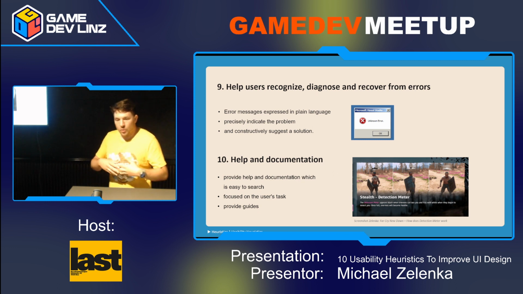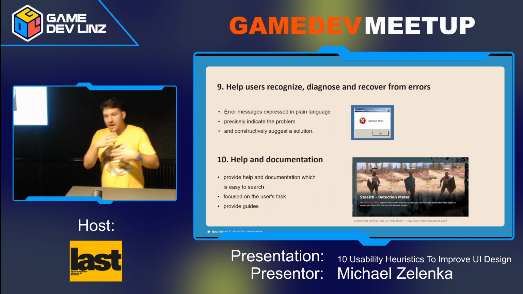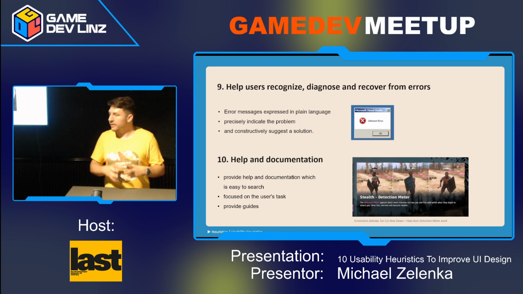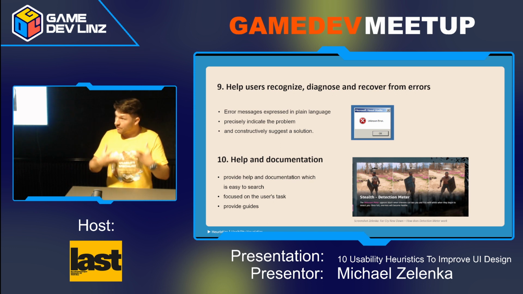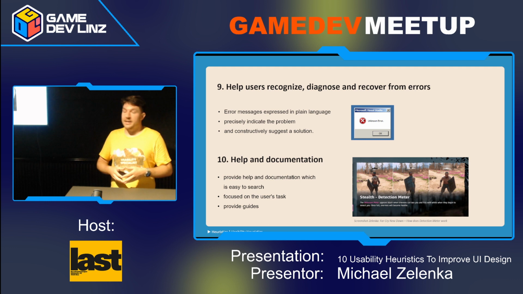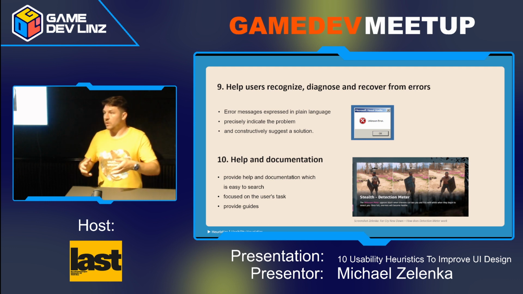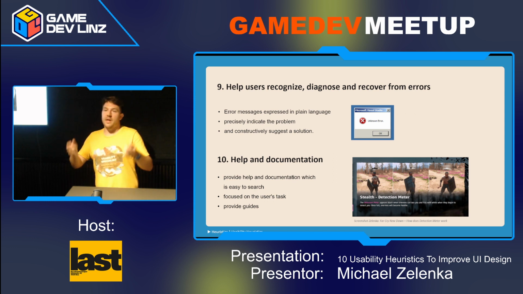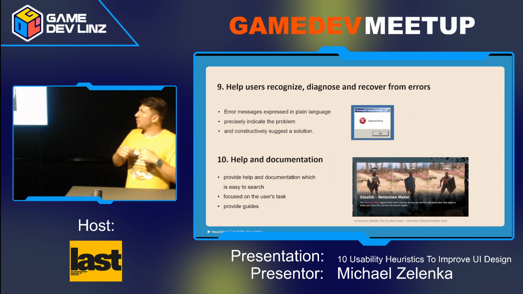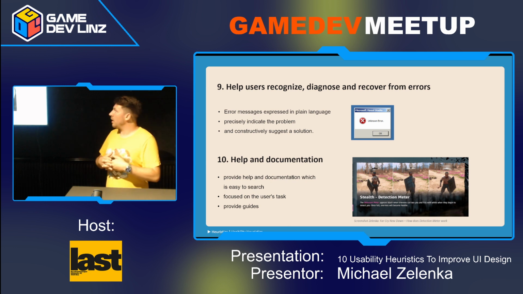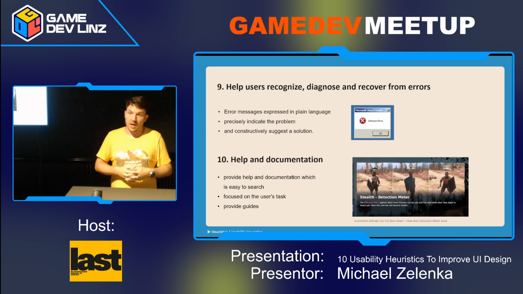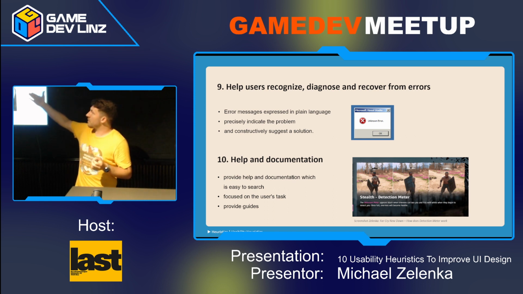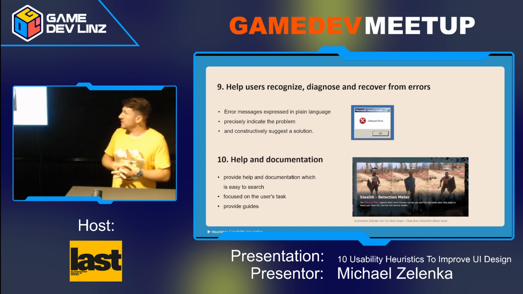So if you have error messages or your game breaks, make sure that there is a way that the player can recover from it by sending a bug report or joining us on Discord and telling us their problem, because then you as a game dev also have the opportunity to fix this problem. Otherwise, if you have error messages like this, it doesn't help the developers.